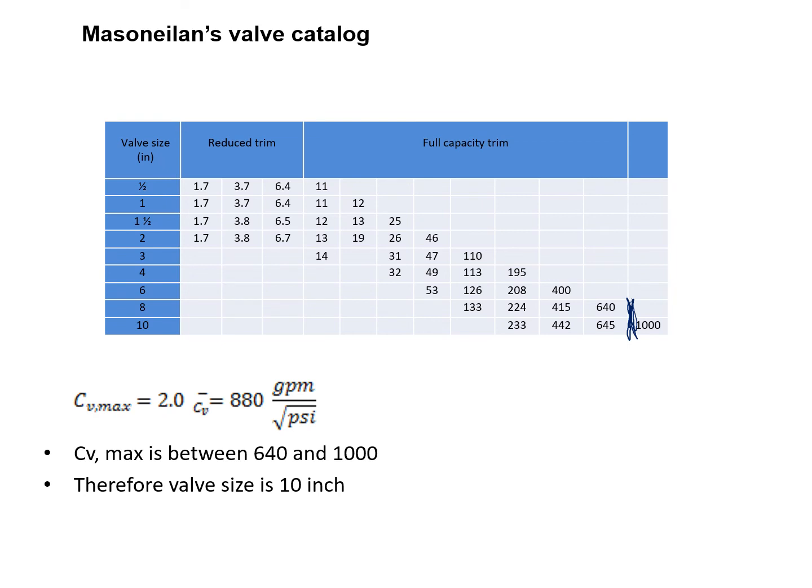This is the last term of each size. The last term for the 8-inch is 680, for the 10-inch is 1000. So it falls in between. Like I mentioned before, if it falls in between, we need to choose the larger size, which is 10-inch.